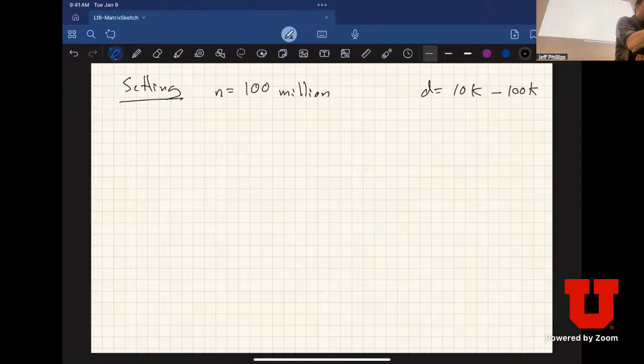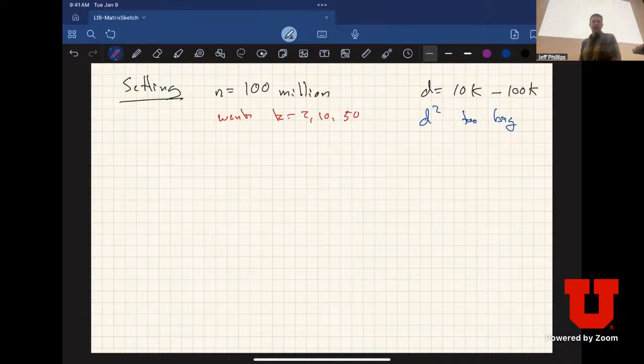So now d squared is too big, and I want to get like the top 2 or the top 10 right singular vectors. So now I want k equals 2 or 10, or even if I want to do like 50, this might still make sense, depending on how accurate I want to be.